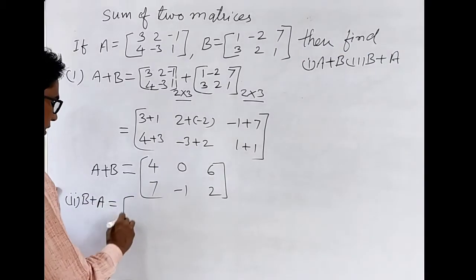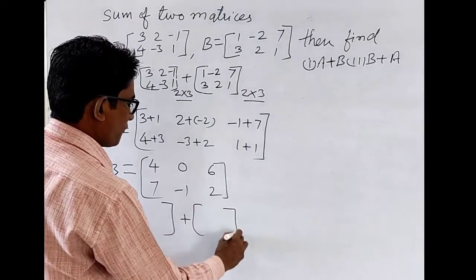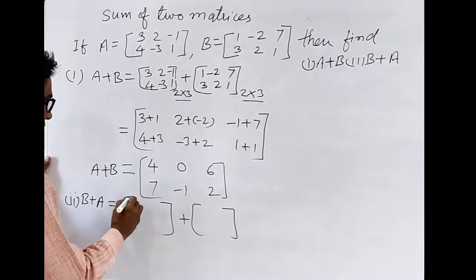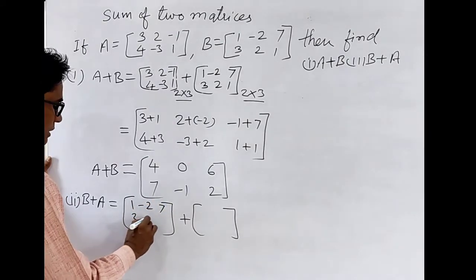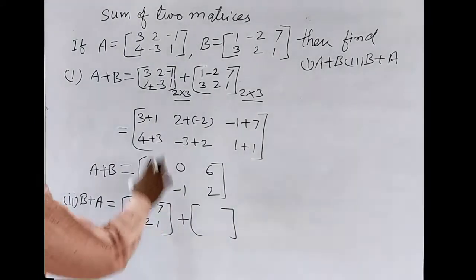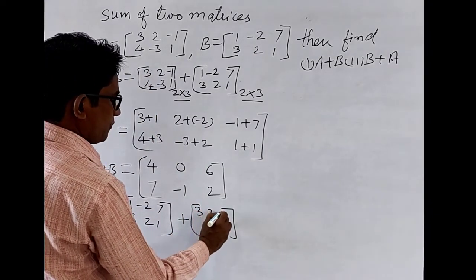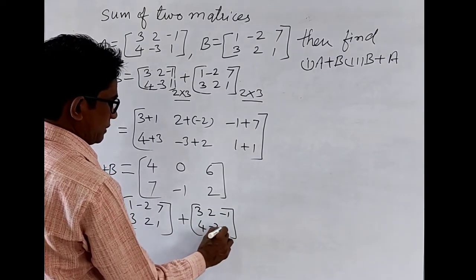Now B plus A. So what is B plus A? B elements plus elements of A. What is B matrix? 1 minus 2 7 3 2 1 plus A matrix 3 2 minus 1 4 minus 3 1.